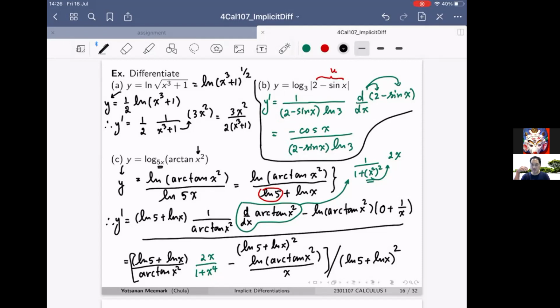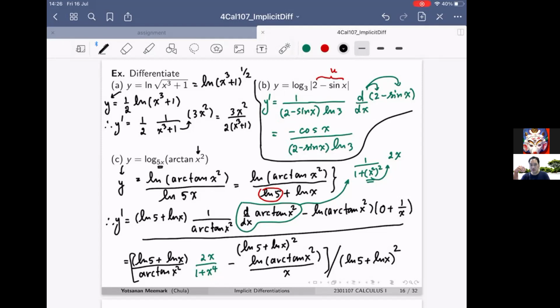So we have almost all of the formulas that we need. The rest will be the ones that you need to mix and combine together. For example, you may need to use the product rule, the quotient rule, the chain rule, or implicit differentiation.